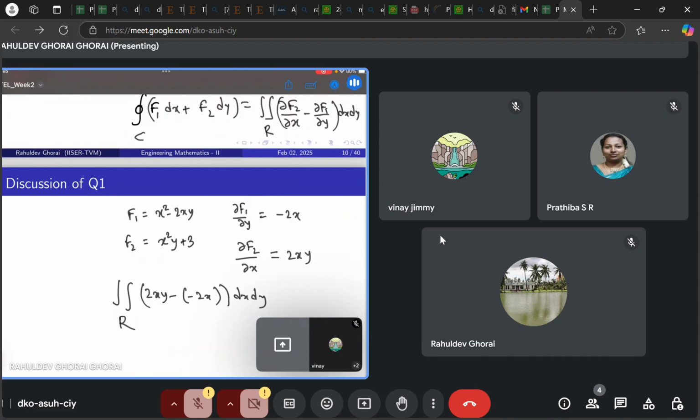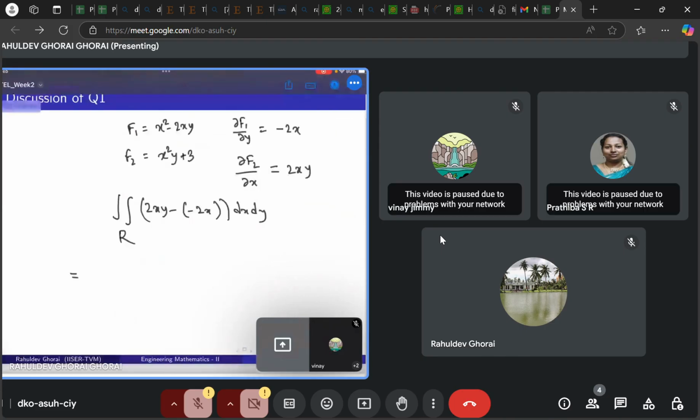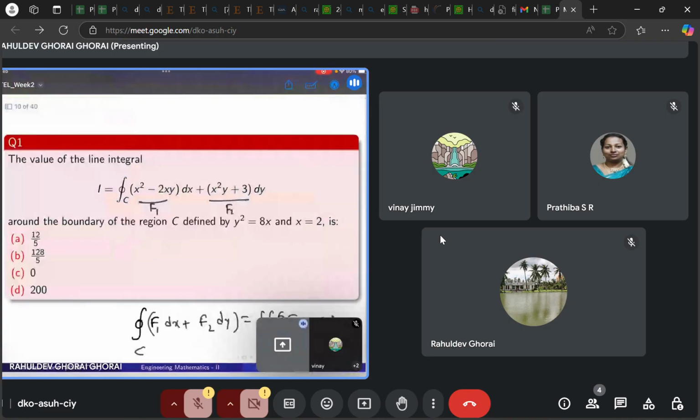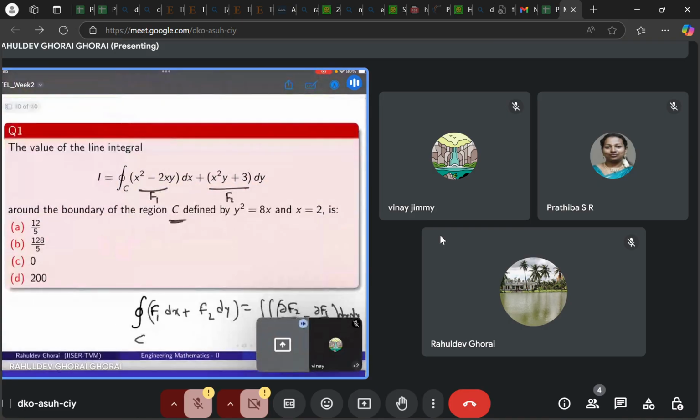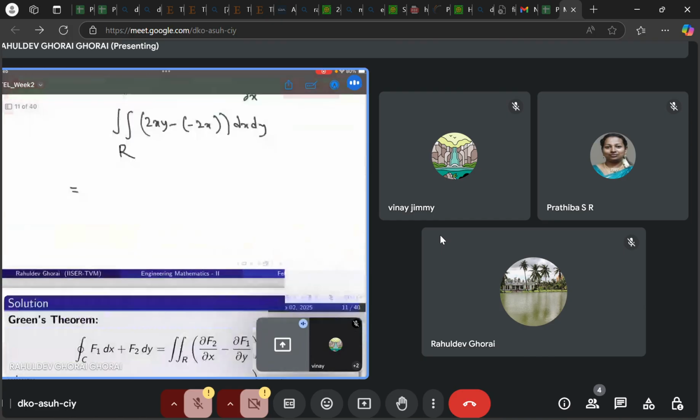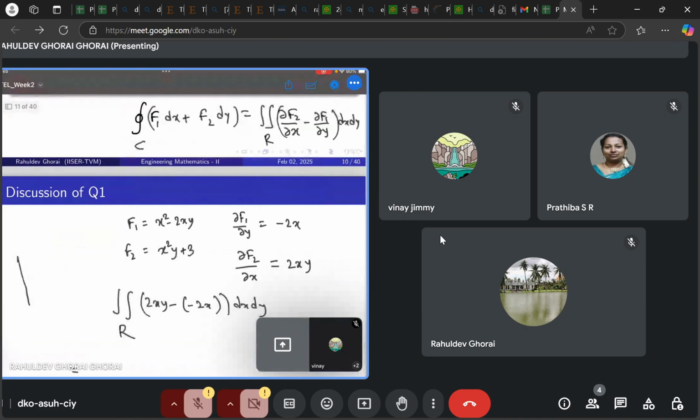From where to where is this R? See, the region C is given by the boundary of the region x equal to 2 and y square equal to 8x. How does y square equal to 8x look?